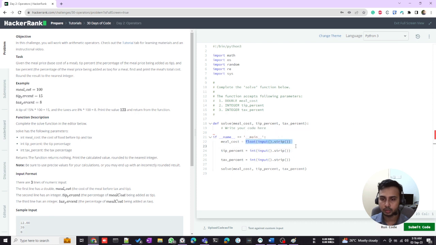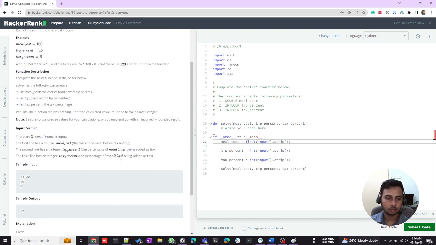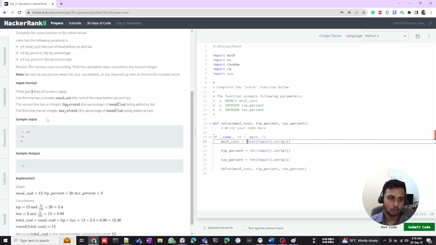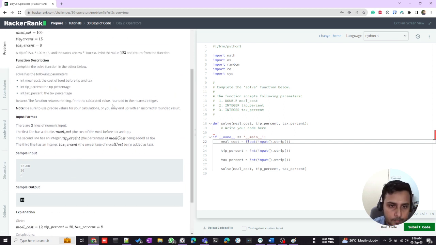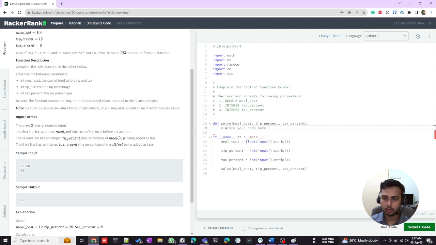From here it will take the input values for meal cost, the tip percent and the tax percent. As you can see, meal cost is a float, and the tip percent and tax percent are integers. Our output should also be rounded. They mentioned that we need to round it to the nearest integer. Okay, then let's start writing the code.